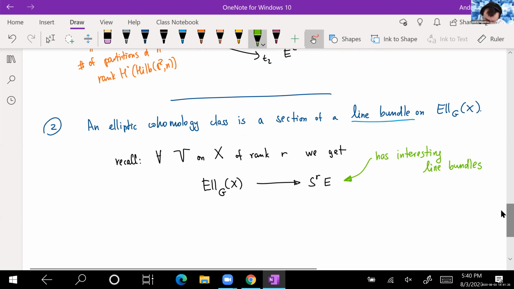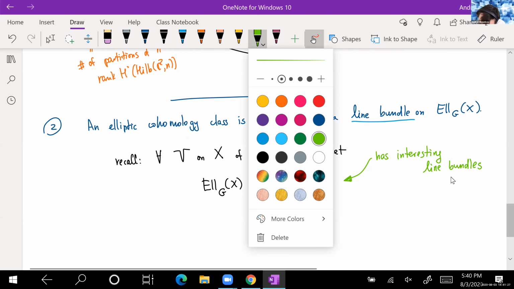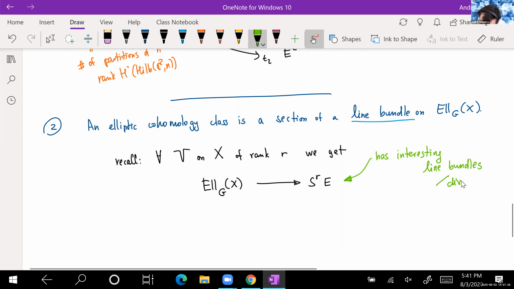So one kind of line bundles for divisors, the same divisor. One such is when, maybe I'll write it here, we have kind of like a theta divisor. It is a theta divisor if you think of this as some set of GL_R bundles on the elliptic curve.